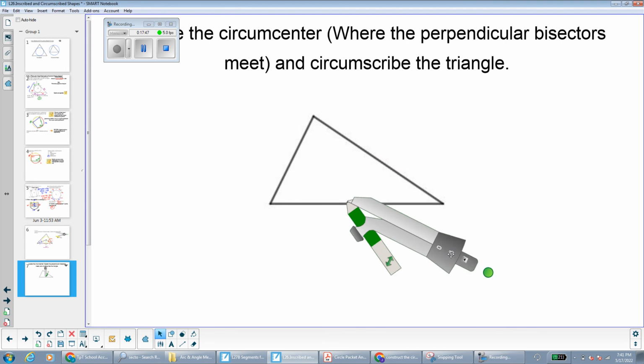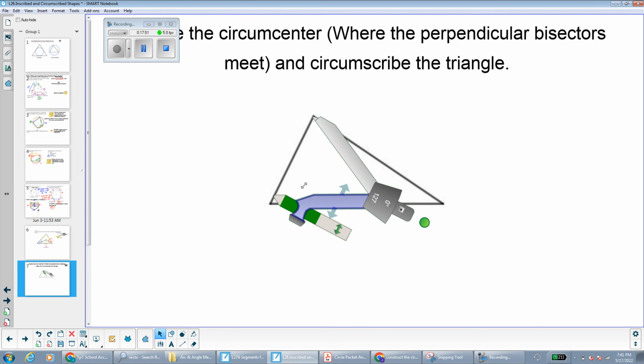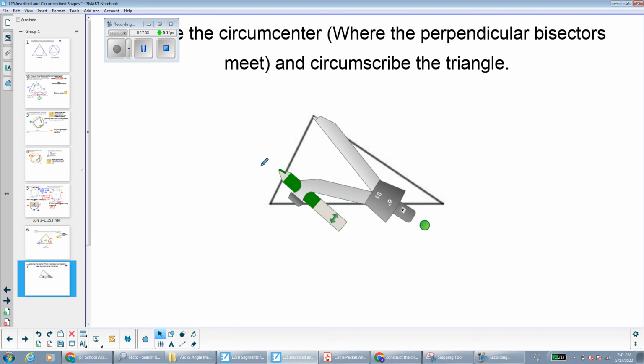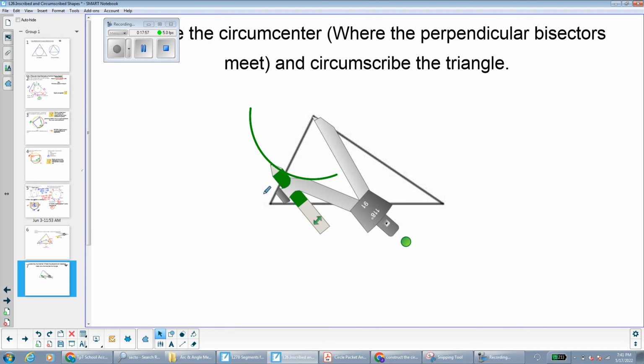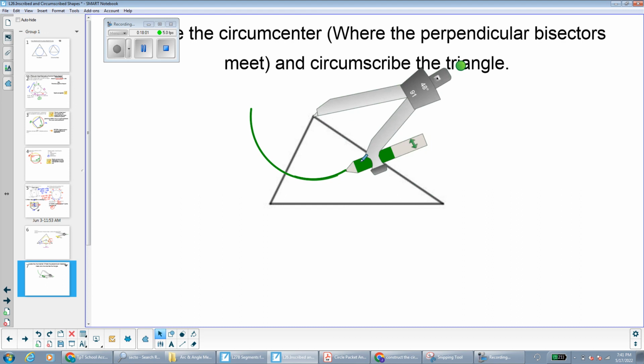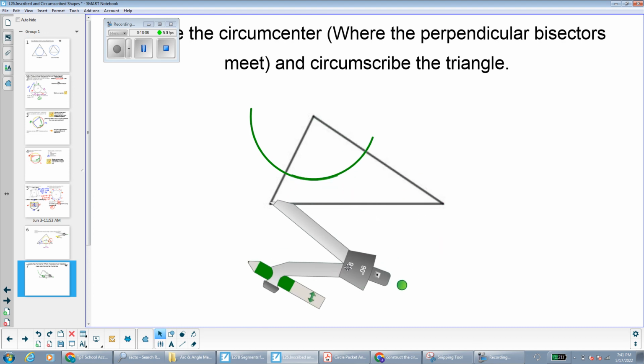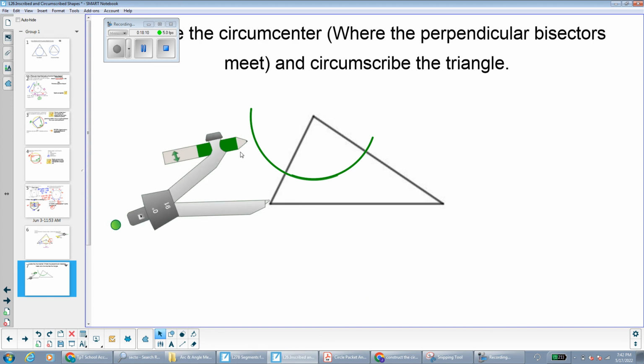We can also construct the circumcenter of a triangle, which we use to circumscribe the triangle. So take a second and see if my arcs that I'm making look familiar.